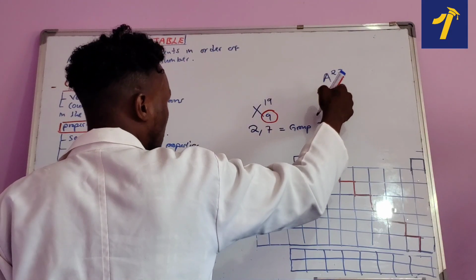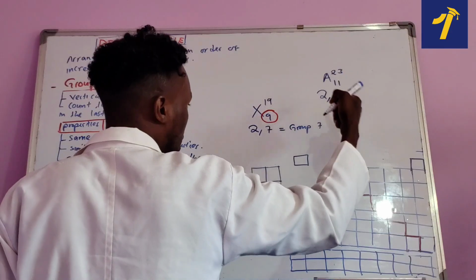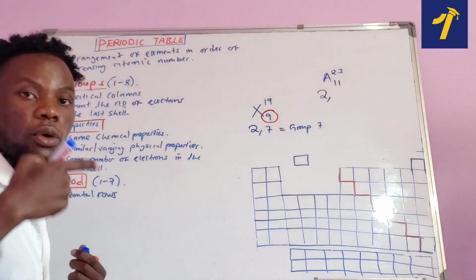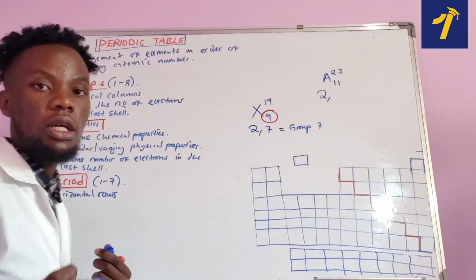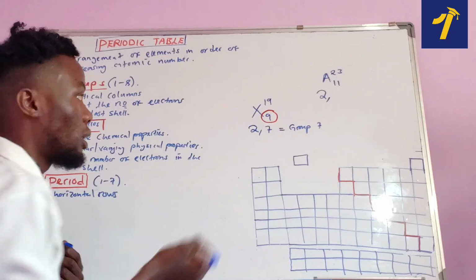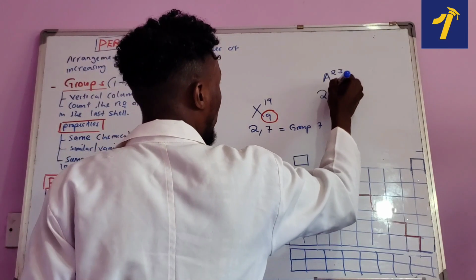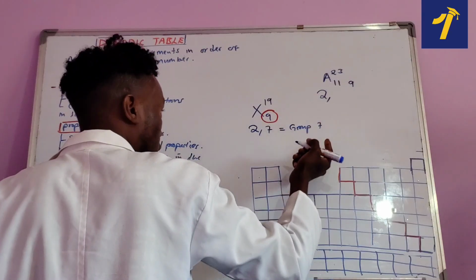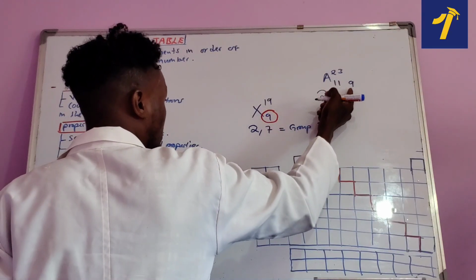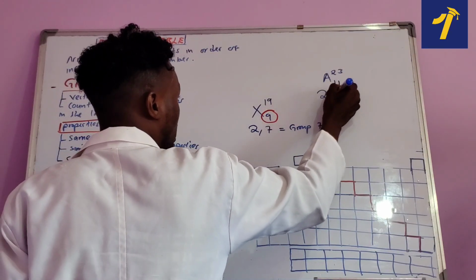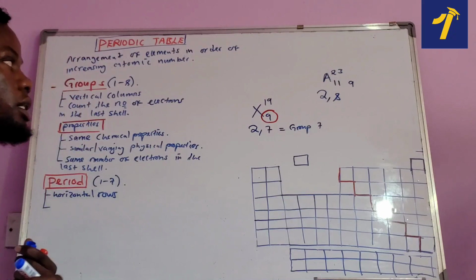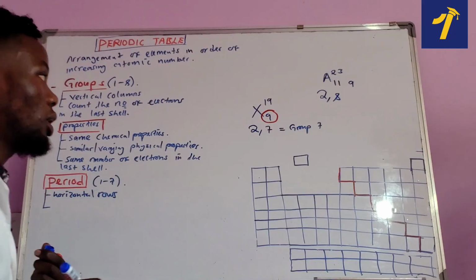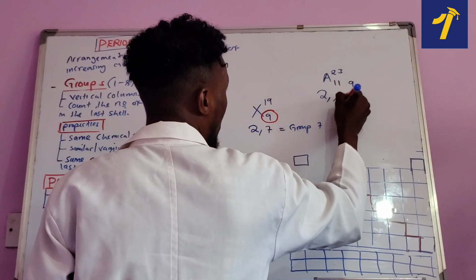Then from the 9, in the second shell we need a maximum of about 8 electrons. Since we've removed 2, we've remained with 9. From 9 we can get 8. It's very possible.